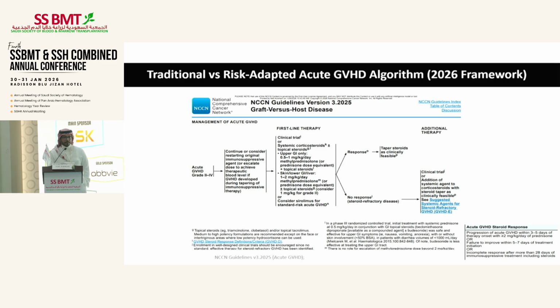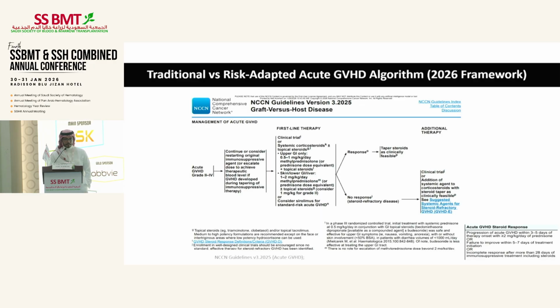So this slide shows you the current traditional NCCN guidelines, the last published version in March 2025, and it shows you the traditional way of managing acute GVHD. This is for grade 2 to grade 4, starting with systemic steroids and then waiting for a response.